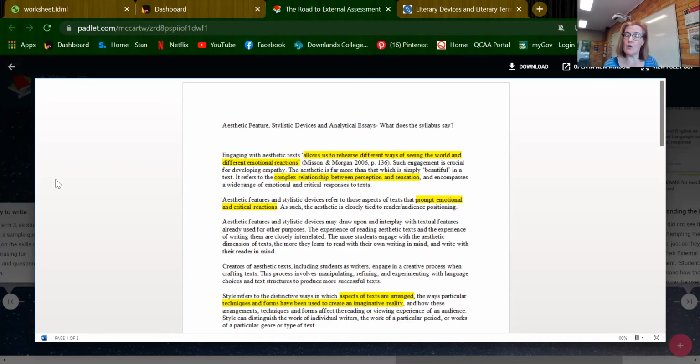And it refers to the complex relationship between perception and sensation. We know that they're literally words on a page. There's nothing terribly unique about the organization of letters printed in black ink on white paper. But through the way that my eyes see those words, and the organization and selection of those words, my brain and my emotions can perceive a very specific version of reality.